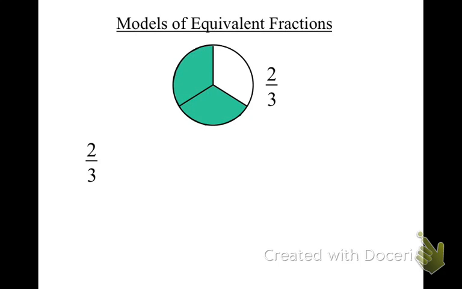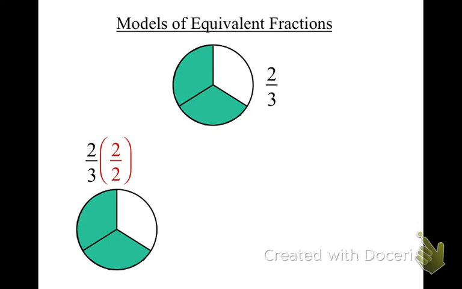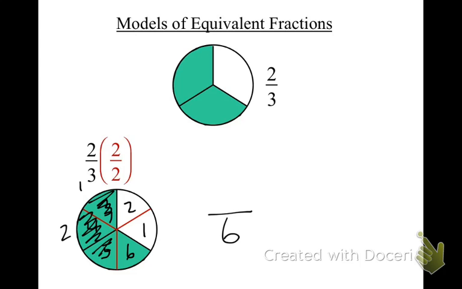Now, if I were to multiply it by 2, and I break it apart, look what happens. I'm manipulating. Let's count. I have 1, 2, 3, 4, 5, 6 pieces now. So 6 pieces, but let's see how many are shaded in. 1, 2, 3, 4.